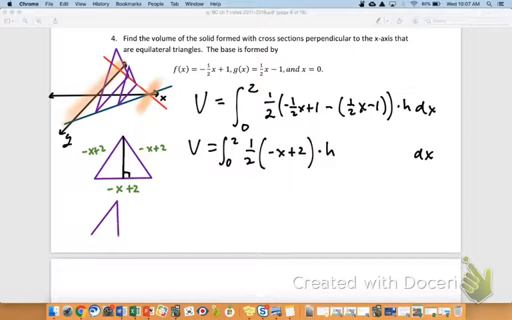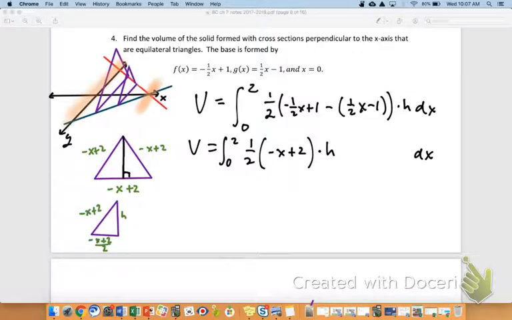Oops. Let's just pretend like it's a right triangle. There we go. Okay. So then this would still be -x plus 2. This is unknown. That's our height. And wouldn't this be -x plus 2 all divided by 2? Yeah. It'd be half the original base.